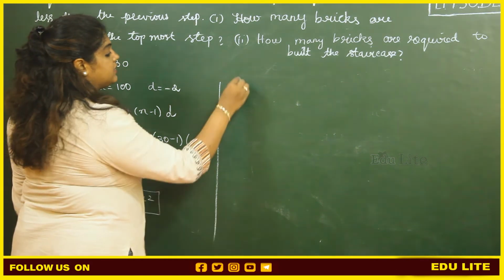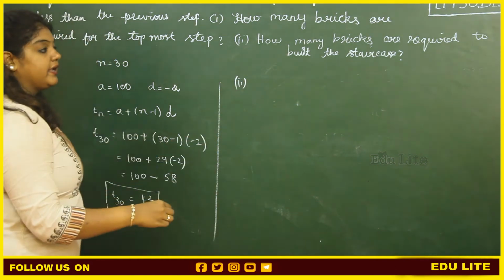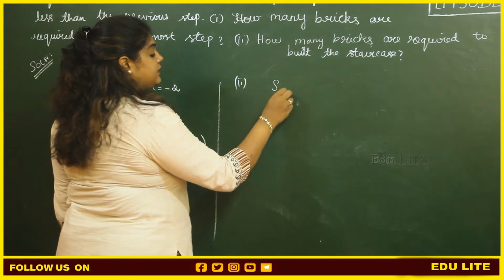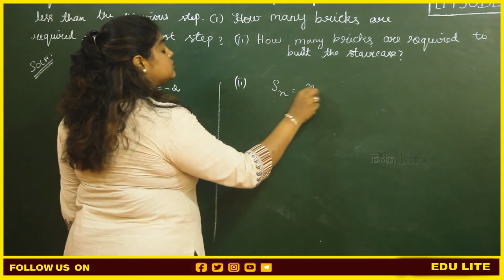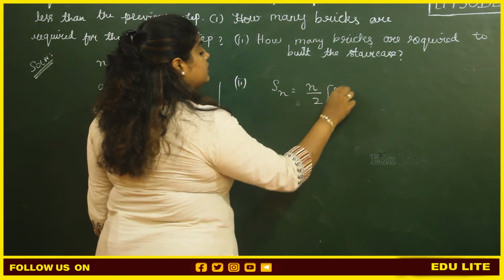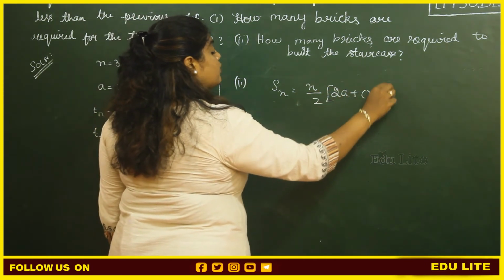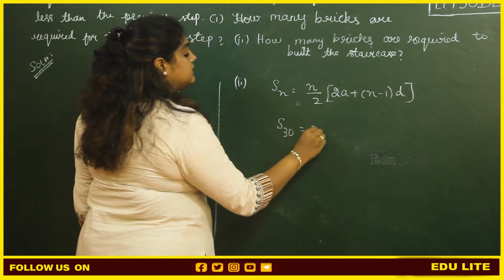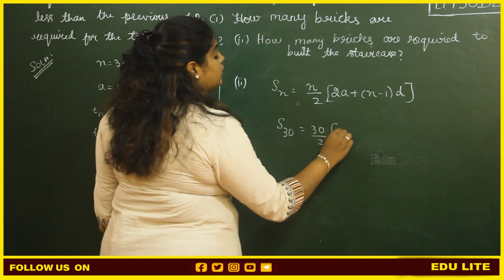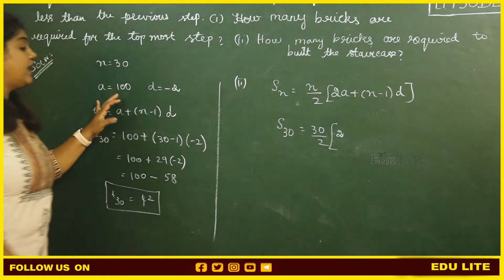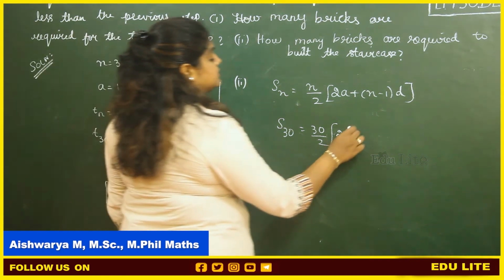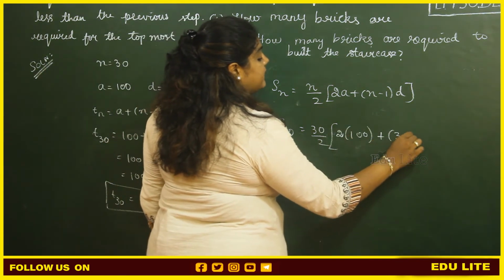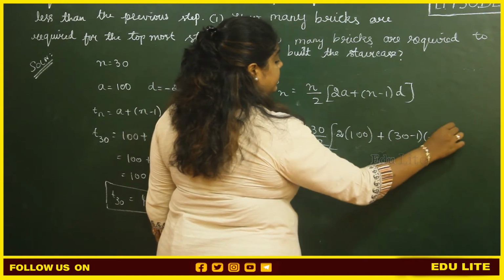And the second option is how many bricks are required to build a staircase. So let us use the formula of Sn to find this. Sn is equal to n by 2 into 2a plus n minus 1 into d. Value of n is 30. Therefore 30 by 2 into, a value is 100 and d value is minus 2. So 2 into 100 plus n value 30 minus 1 into d value minus 2.